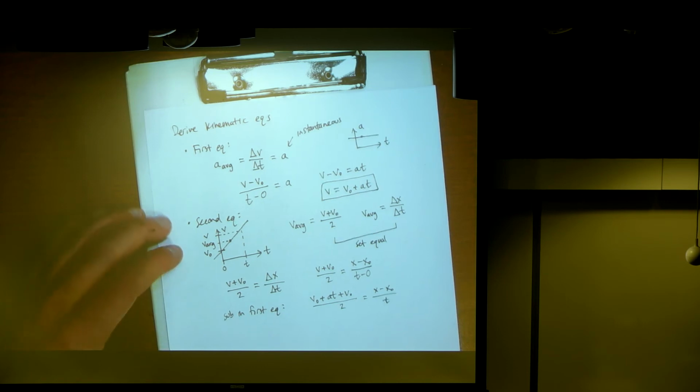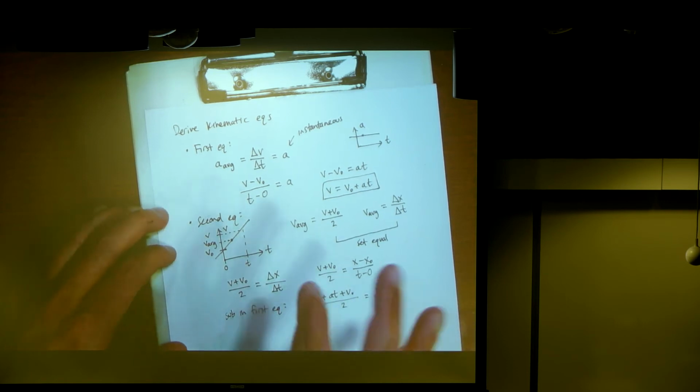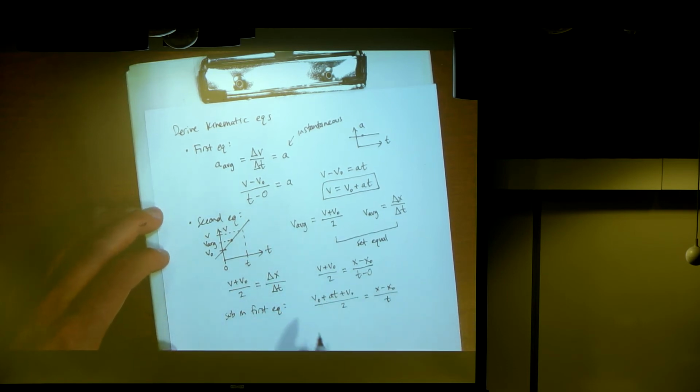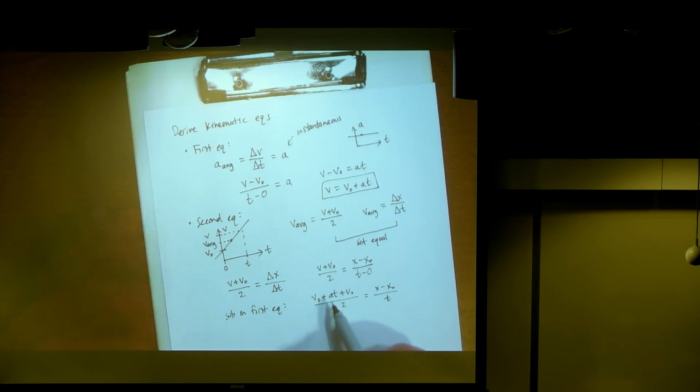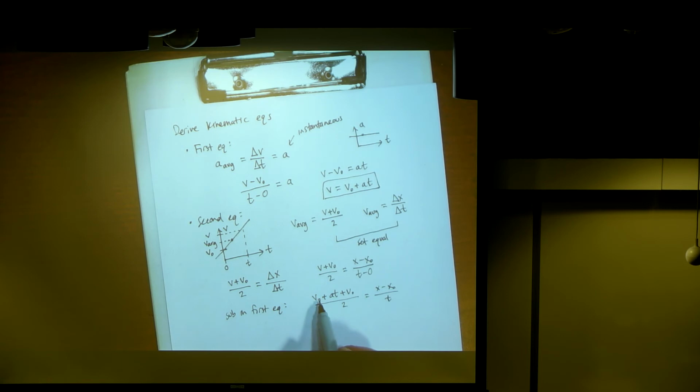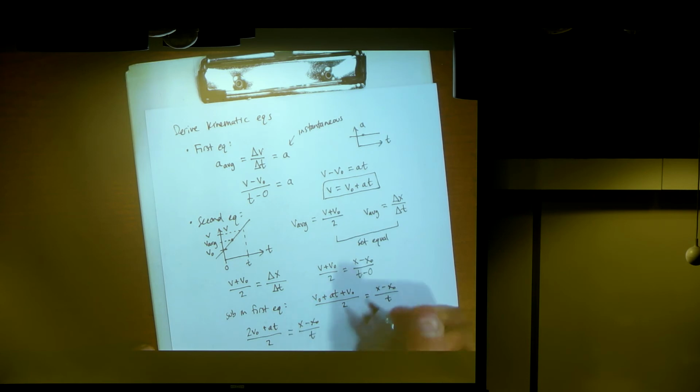All right, so all we have to do now is just clean this whole thing up, okay? So what am I dealing with? On the left-hand side, I have v naught plus v naught. That's just 2 times v naught, right? 2 times v naught plus at, divided by 2. On the right-hand side, I'll just keep it the same. X minus x naught divided by t.